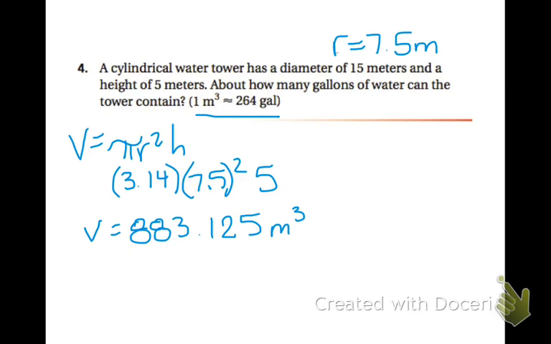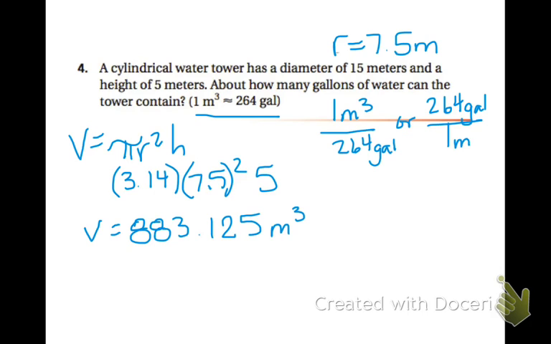And again, we have this 1 cubic meter over 264 gallons, or 264 gallons over the 1 cubic meter, and oops, that's not a cube. And this is the one we want to use because it will cancel out.